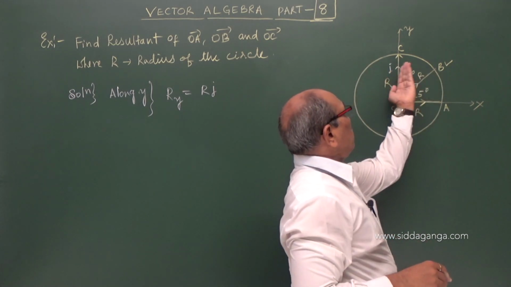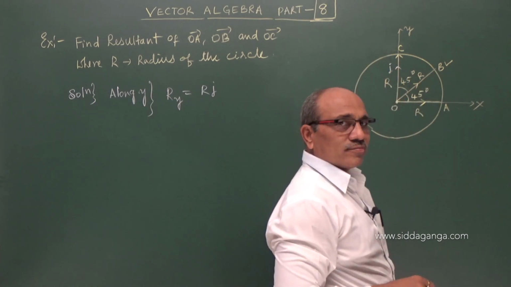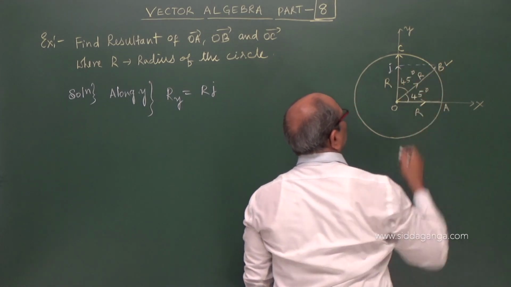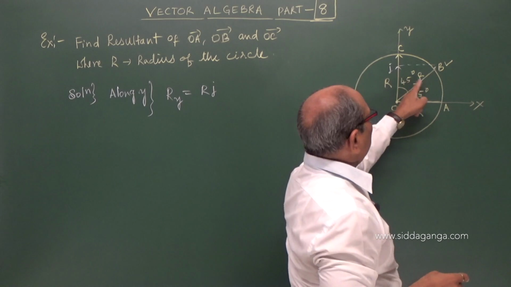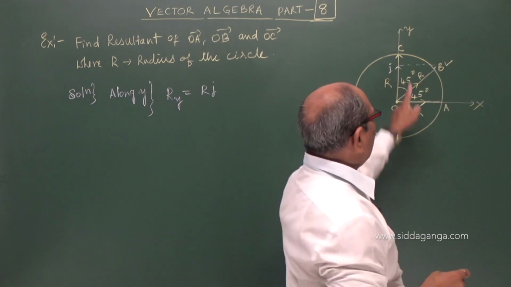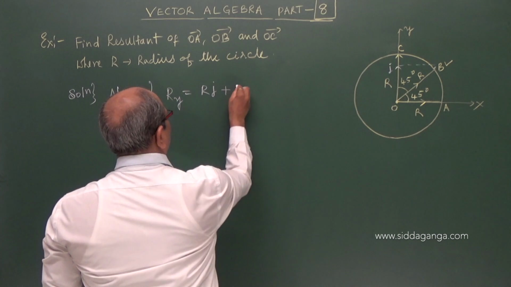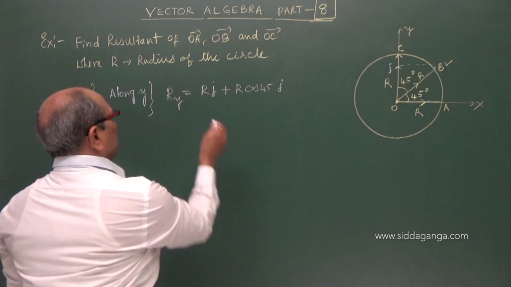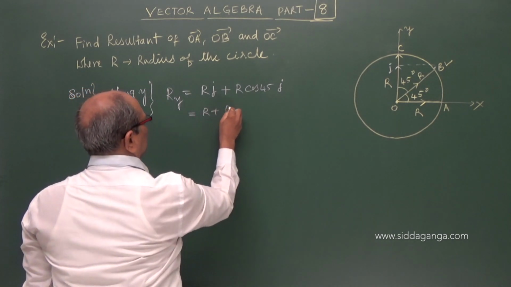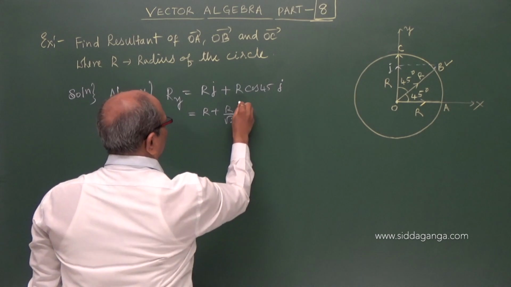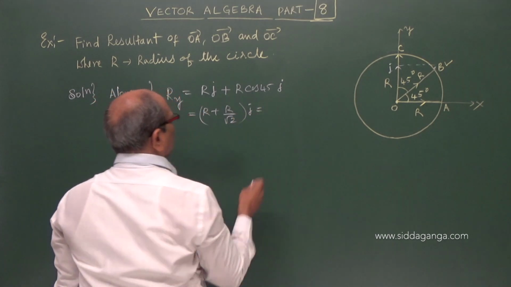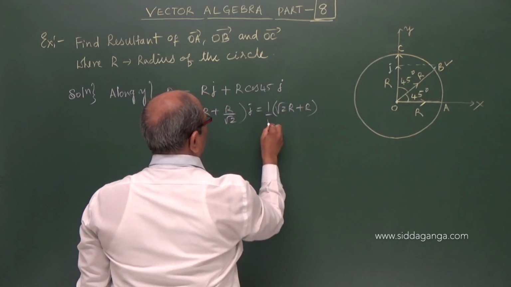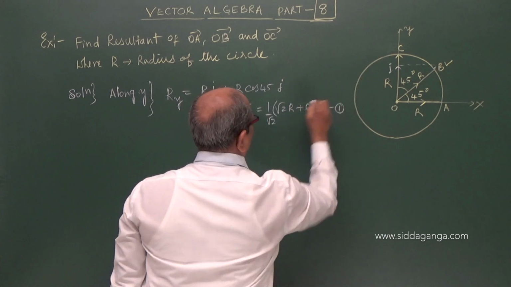Suppose you find the component of this along this direction, dropping the normal, adjacent side by hypotenuse is cos 45, so R cos 45 j. That is nothing but R by root 2 j.